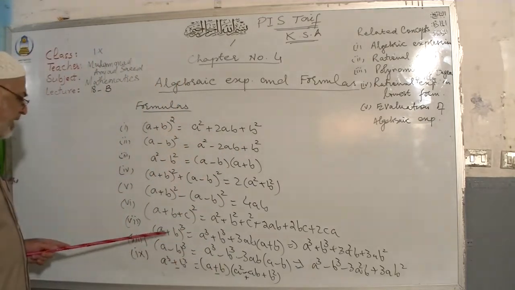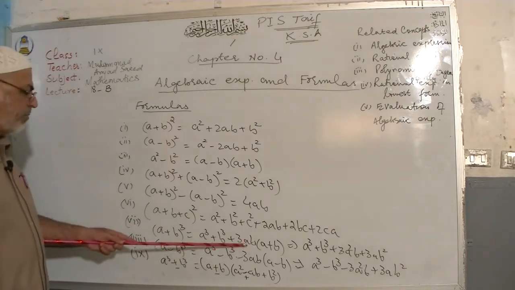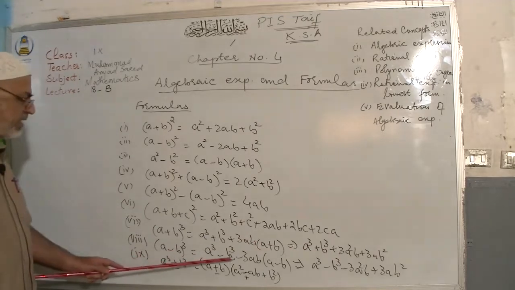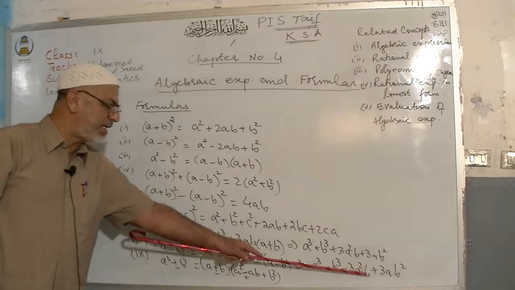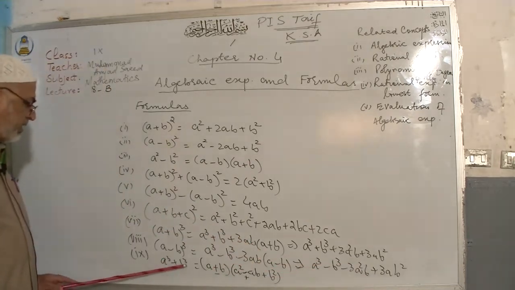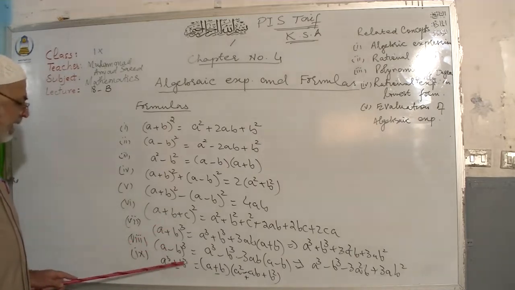Similarly, you can have the (a plus b) whole cube formula. There are two possibilities. If you open up the brackets, then you can get the same formula. Here negative, they are all negative. Now open the formula, open this bracket and you will get this alternate answer. Similarly, a cube plus b cube, remember, they are whole cube and they are independent cube.